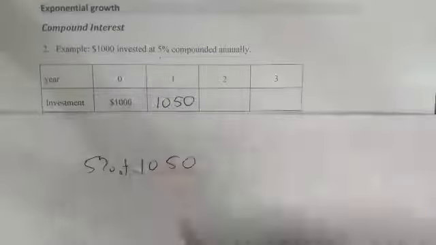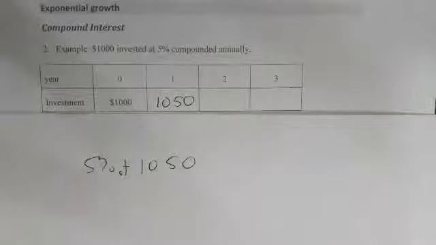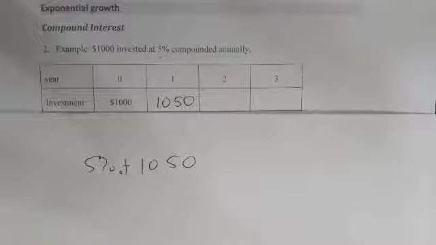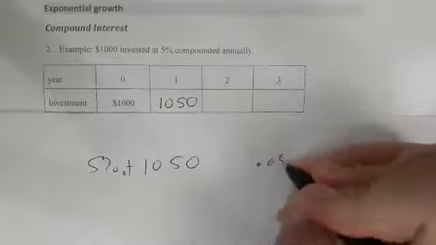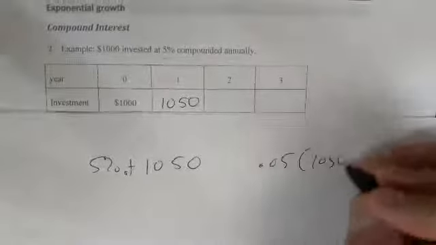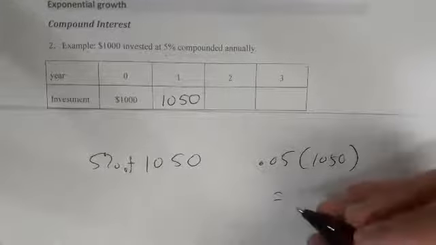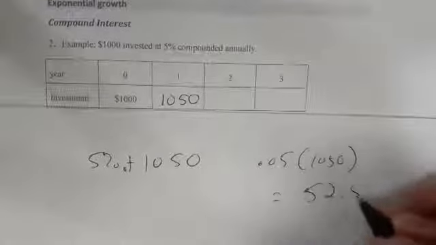If I want compounding interest, I want to know what 5% of this is. And if I do 5% of 1,050, which is the same thing, I should be getting the amount of 52.50.